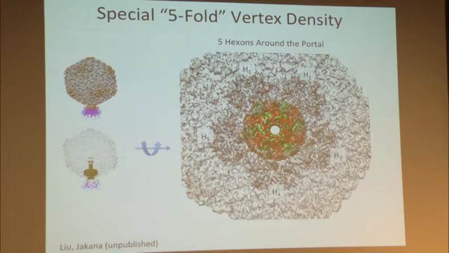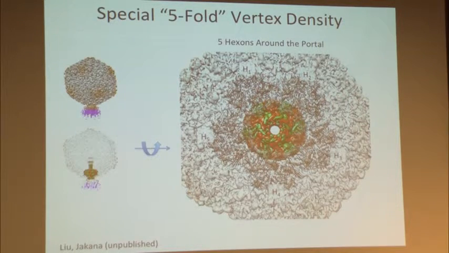So this turns out to be at a 5-fold position, with 12 copies of the portal protein in red and green, surrounded by 10 capsid proteins. 10 is not equal to 12. We call this symmetry mismatch. So that means each of these proteins touches the other protein through a different domain.